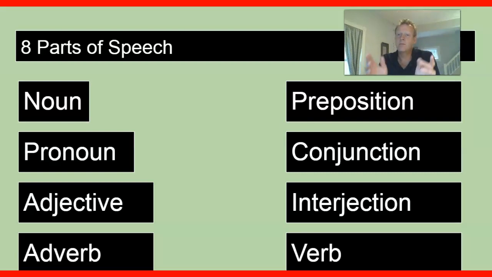All right, now a little quiz. If I asked you what names a person, place, thing, or idea, which one of these would you say it is? That's right, it's a noun.